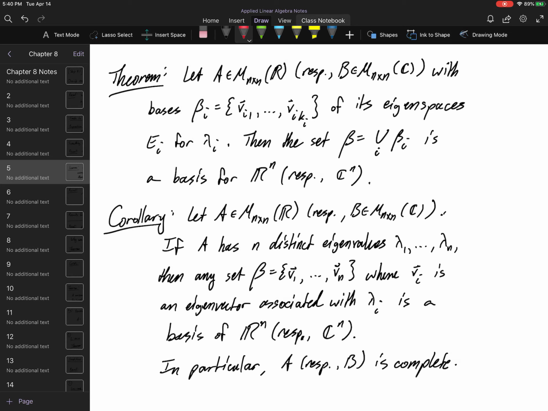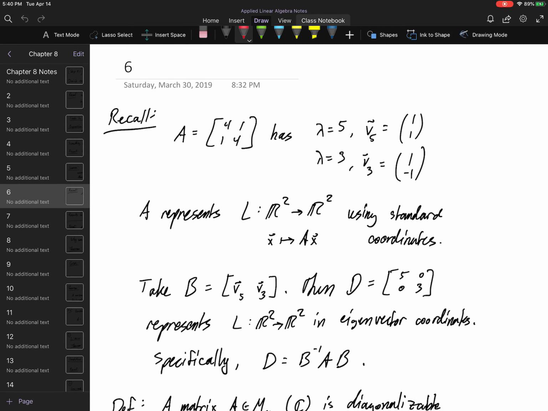So that means the algebraic and geometric multiplicities are the same for each and every one of my eigenvalues. Therefore, I get an eigenvector basis for free when the matrix is complete. Or specifically, this guy is complete if I can guarantee n many distinct eigenvalues.